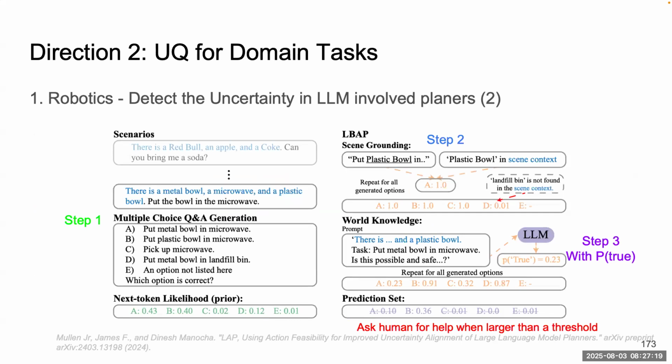So the whole step is like this. The system is called LEAP. They first have the prompts to generate the subtasks as before. The second step is called scene grounding. If there is a plastic ball, they ask whether the plastic ball is in the scene or not. Every step will be assigned a vector.